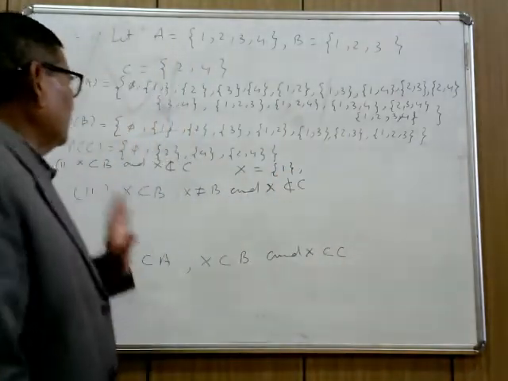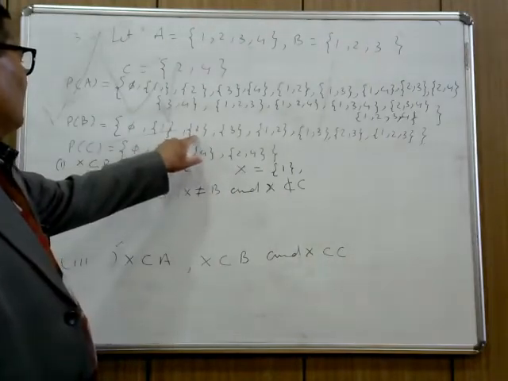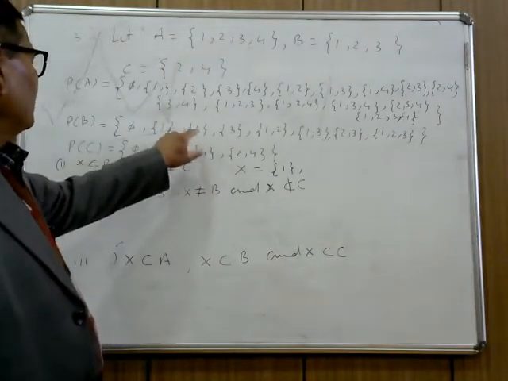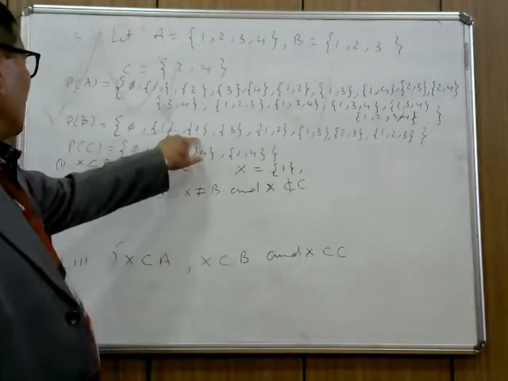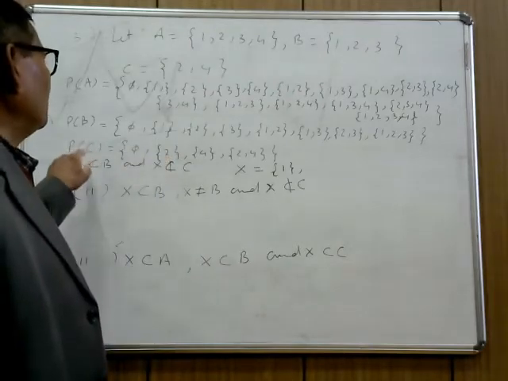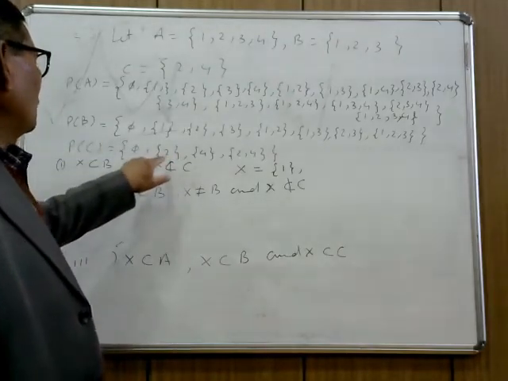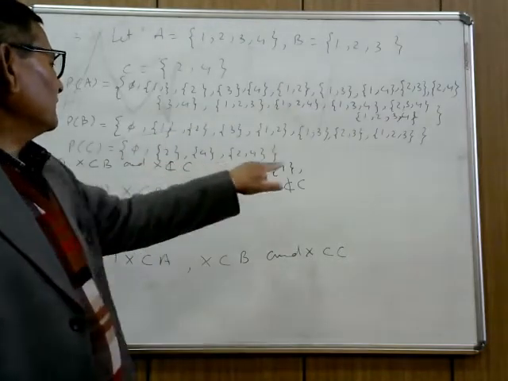This is your first set X. Now if you take this set, it is a subset of B, but it is also a subset of C. You are given that X is not a subset of C, so this will not be taken as X.